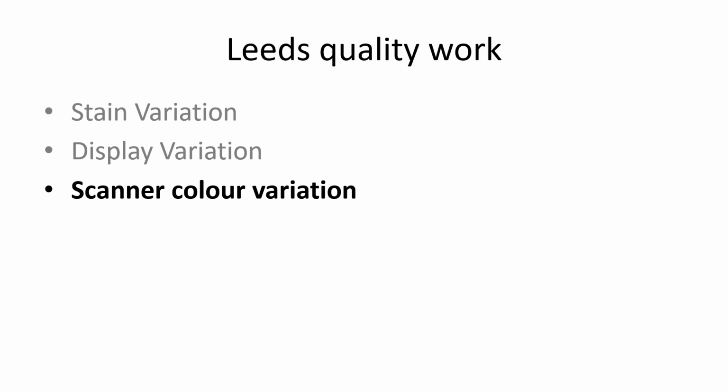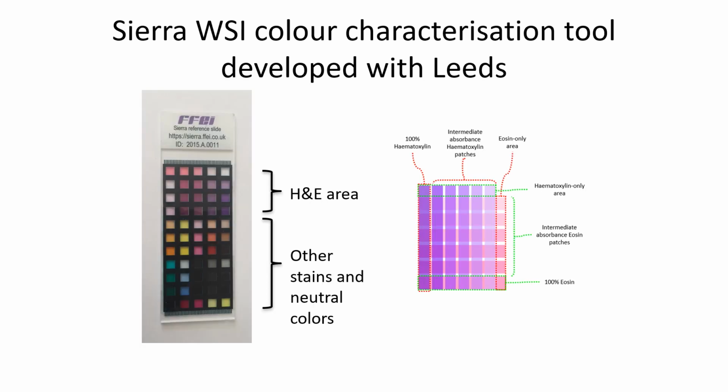So the other area of work and activity has been around scanner colour variation. We worked with a company called FFEI, and they developed a tool that uses a biopolymer stained with real stains to allow you to characterise the digitizer and its colour response.